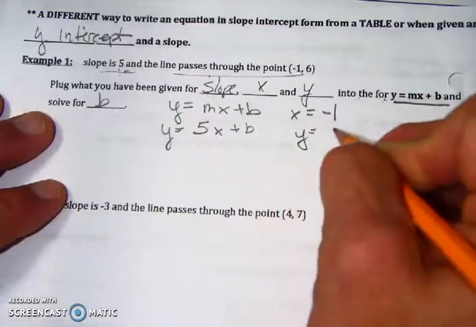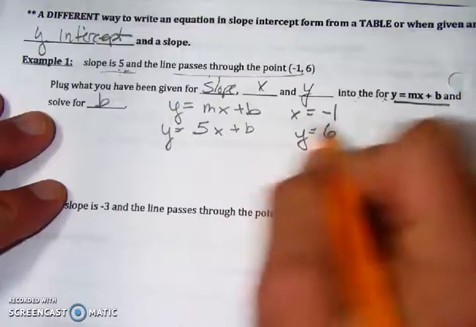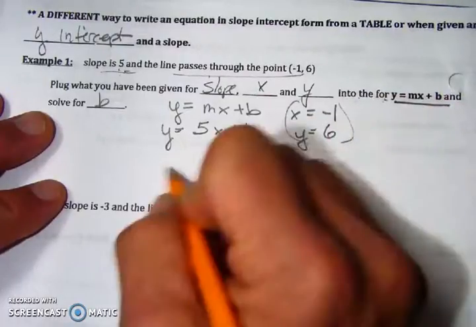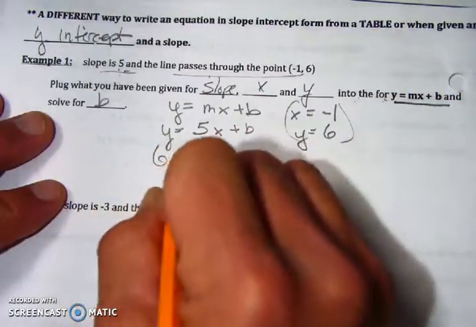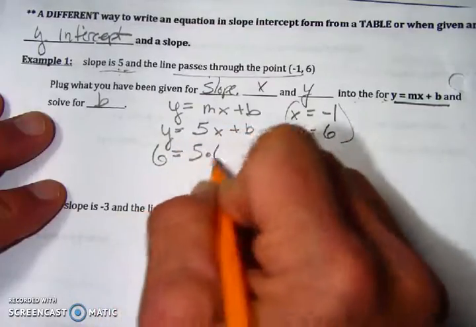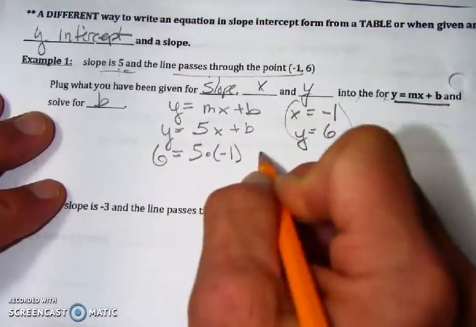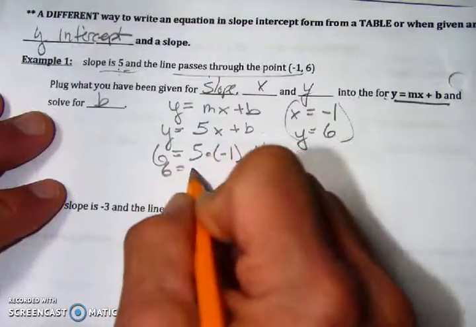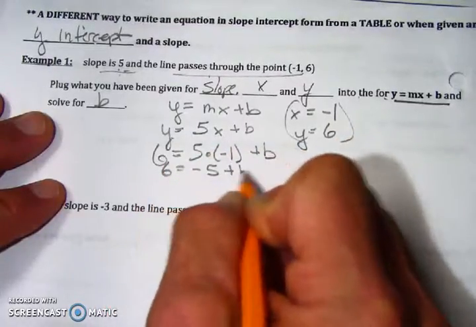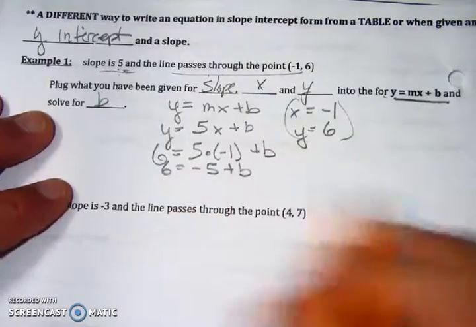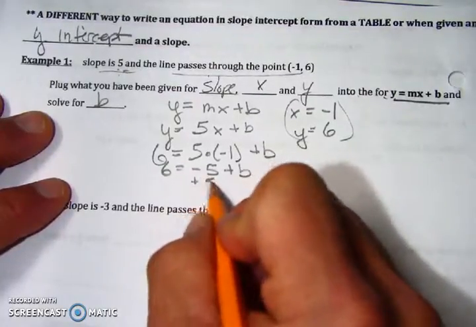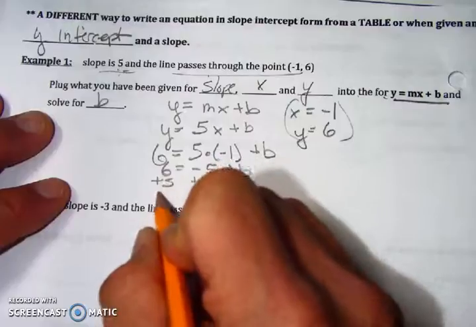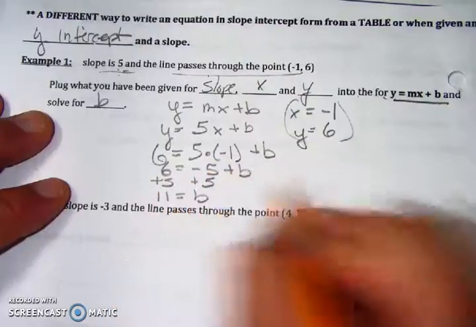And y equals what? 6. So we're going to say that 6 is equal to 5 times -1 plus b. So 6 is equal to -5 plus b. So we add 5 to both sides, so 11 is equal to b.